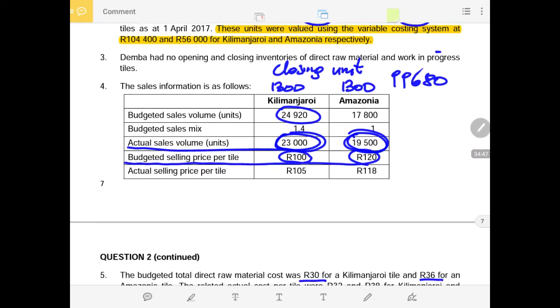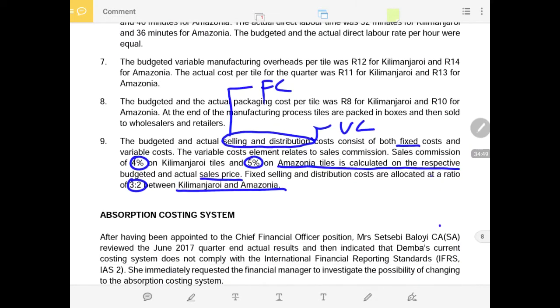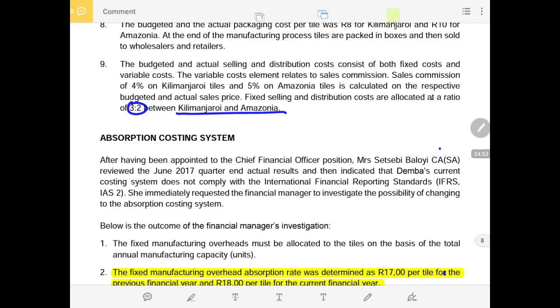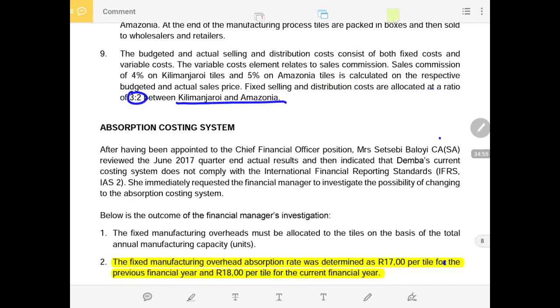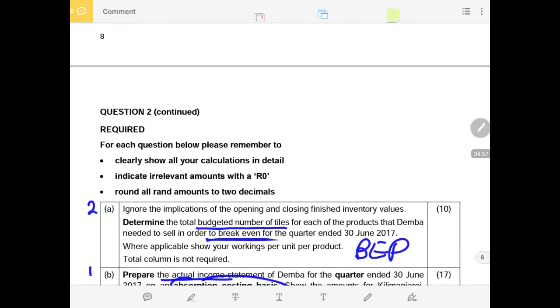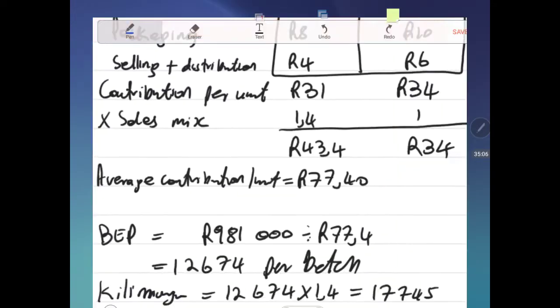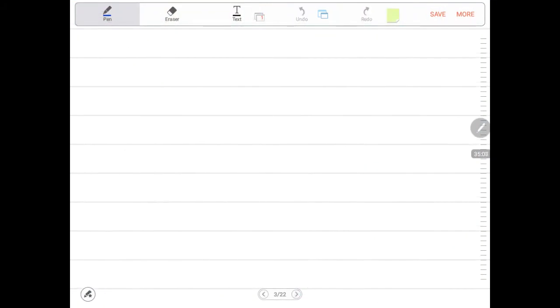Now let me leave all these workings as they are, because some of them will be necessary in my continuation of the calculation that I will be doing for the absorption costing system. Now we are doing the second requirement, which is the absorption costing system. Let us begin. Absorption costing, we know that we deal with sales minus cost of sales.